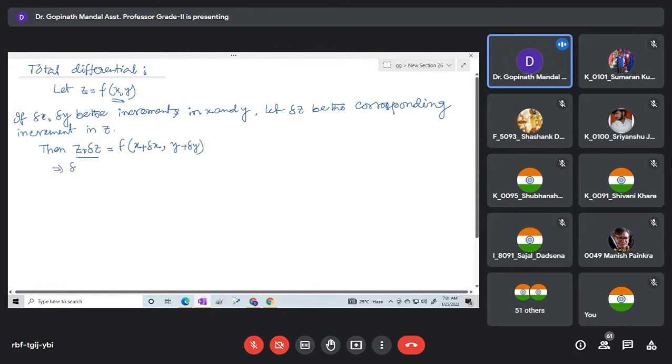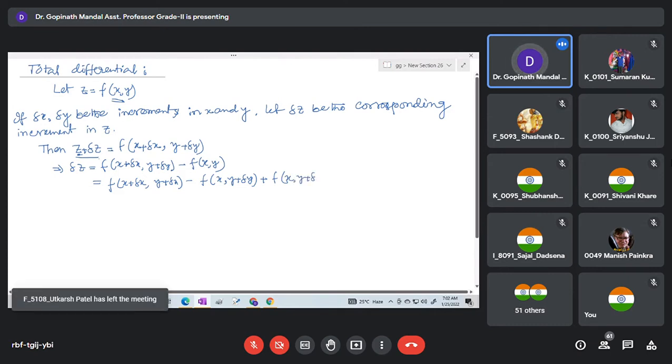This implies delta z equals f(x plus delta x, y plus delta y) minus z, and z is equal to f of xy. Now this can be written as f(x plus delta x, y plus delta y) minus f(x, y plus delta y), first subtract this and then add this, plus f(x, y plus delta y) minus f of xy.